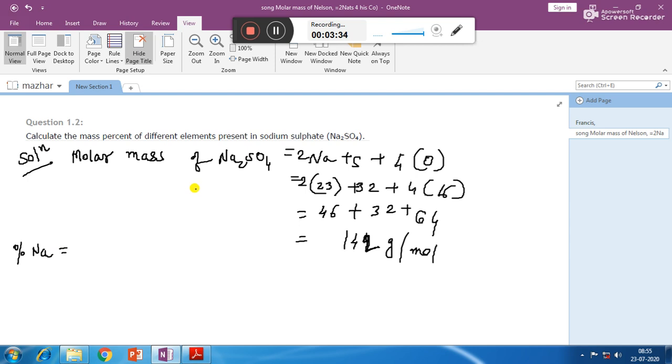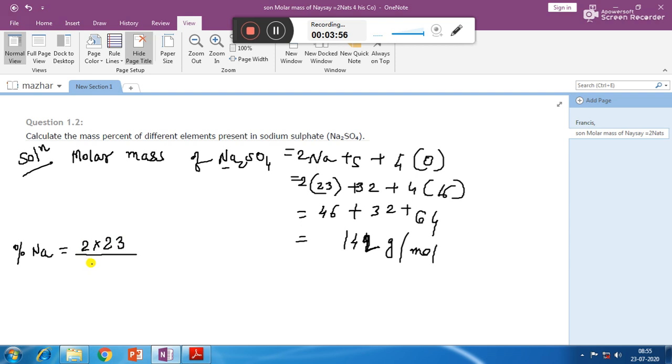Suppose we have to find out percentage of sodium. So that is equal to, in the numerator we have to take atomic mass of sodium. Now here in case of sodium sulfate we have 2 moles of sodium. So molar mass of single sodium is 23, that you have to multiply with 2.